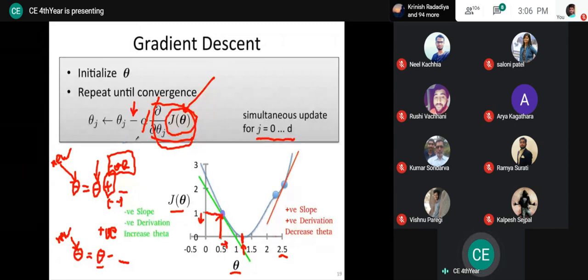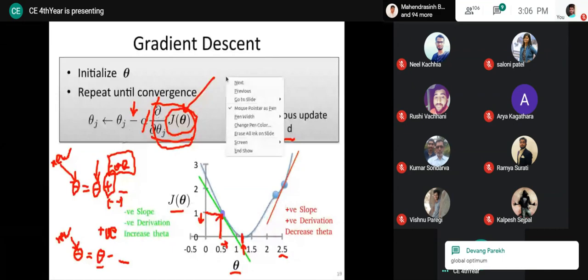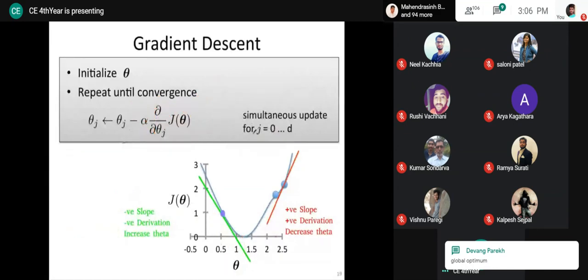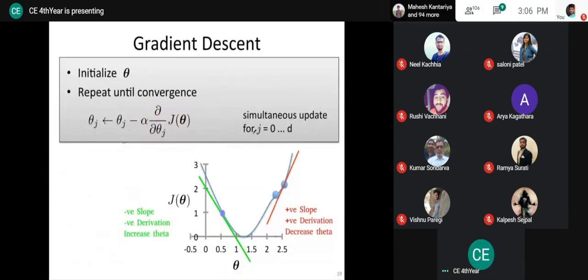And what do you mean by convergence? We keep going until we reach the global optimum, or global minimum point. One question: let's assume you have started from this point.